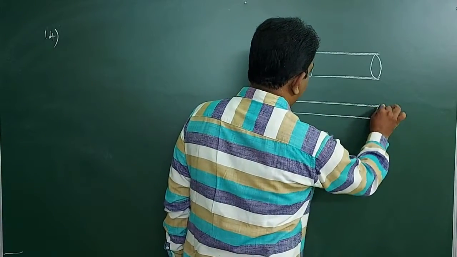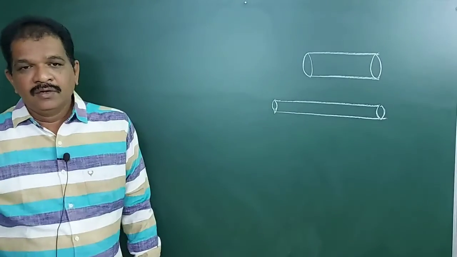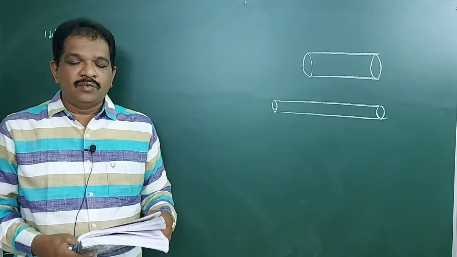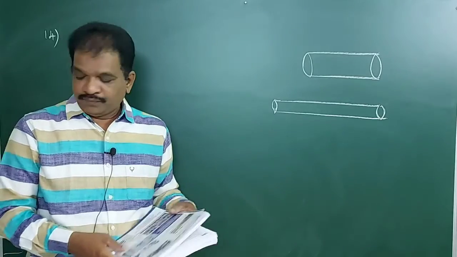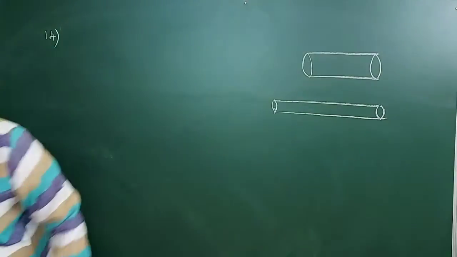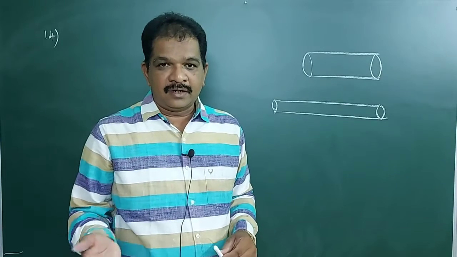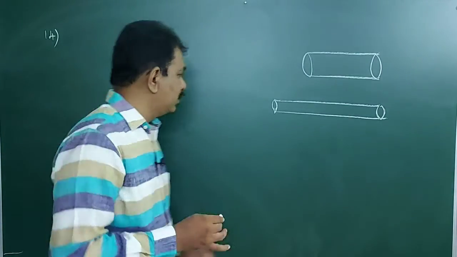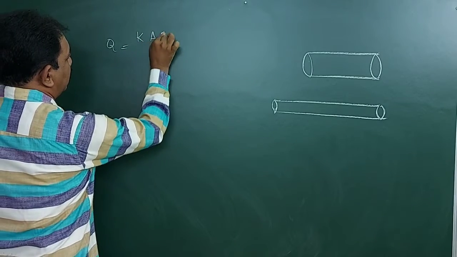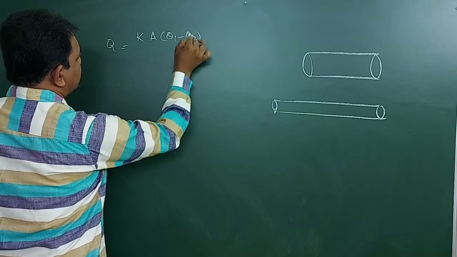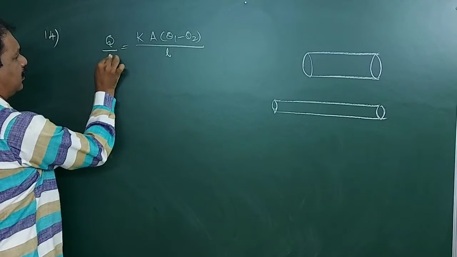Then what is the amount of heat flowing if the initial heat flowing is Q? Here, when the radius decreases, the length will change, but they are not mentioning the length. So Q is equal to KA (theta 1 minus theta 2) by L. This is Q by t.